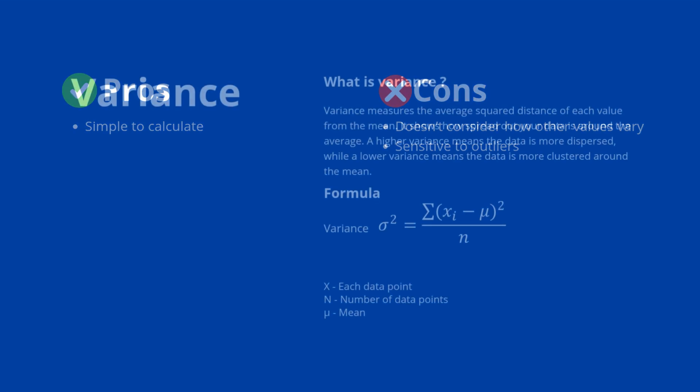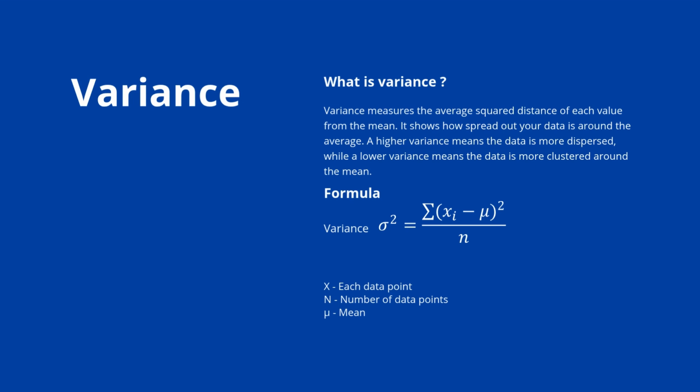Now let's see what variance is. By using variance, we can measure the average squared distance of each value from the mean. It shows how spread out your data is around the average. Higher variance means the data is more spread, while lower variance means data is more clustered toward the mean.